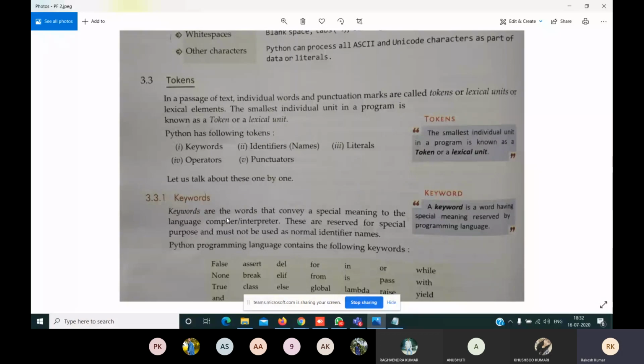In this way a keyword conveys a special meaning to the compiler, and those words are known as reserved words, reserved for a special purpose, and cannot be used as normal identifiers or normal names.